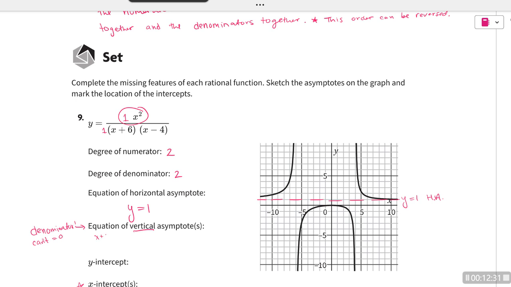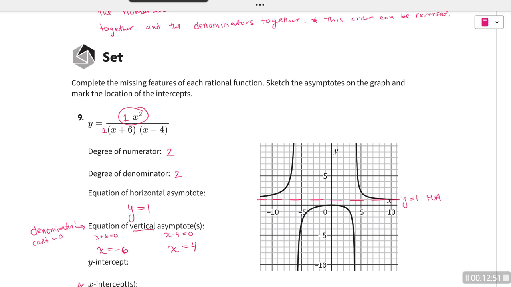So I'm going to take each term from the denominator and set it equal to 0. So we have a vertical asymptote at x equals negative 6, and if I take my x minus 4 and set it equal to 0, I get another vertical asymptote at x equals positive 4.